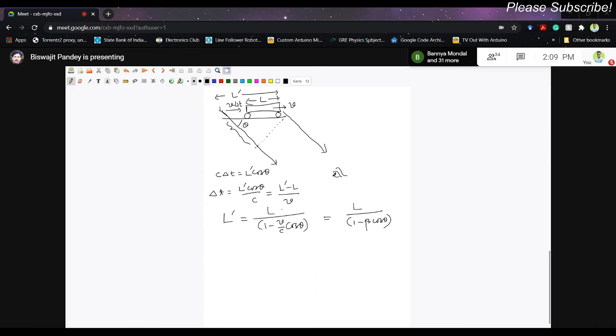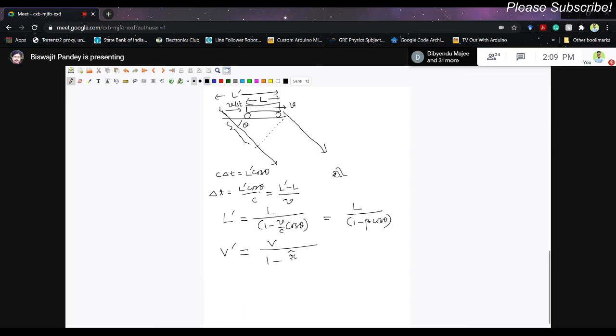So this tells you that the length changes, so the volume should also change. The volume of the train, to the observer, should be V prime equal to V divided by 1 minus v by c cos theta, or you can write 1 minus r cap dot beta.